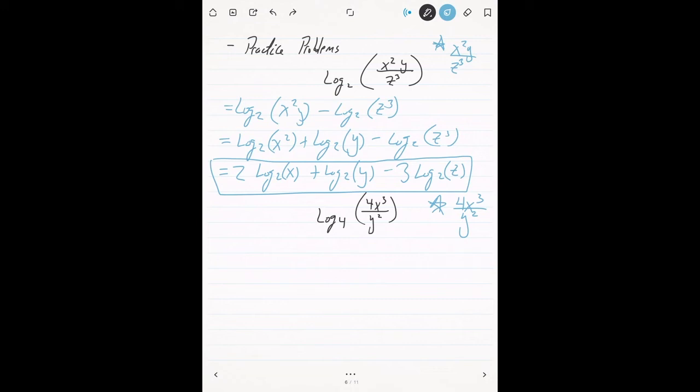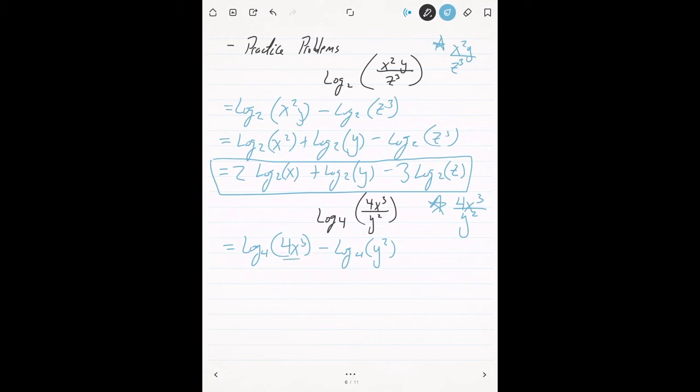So before I can get at each thing individually, I better split up the fraction. I better split up the numerator, so we have log base 4 of 4x cubed, and the denominator, log base 4 of y squared. And when we separate them, we have to subtract their logarithms.